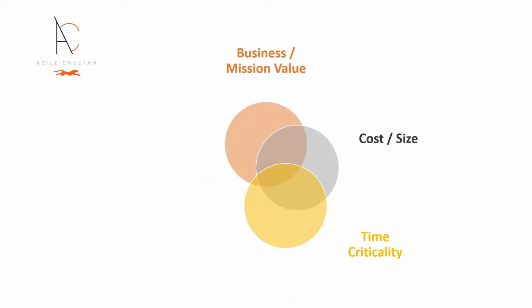Factor 3, time criticality. How soon solution capabilities or system dependencies are needed also influences product backlog ordering. Again, the goal of Agile is to deliver valuable capabilities cost effectively and in time to be valuable. Delivering a capability before it is needed risks spending resources on something that may never be needed.